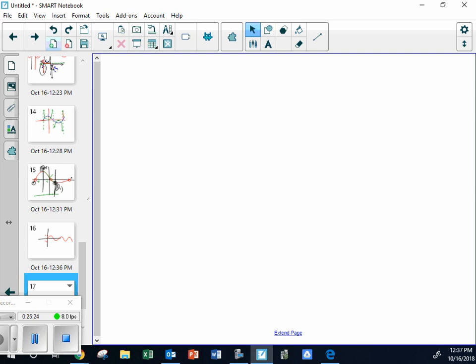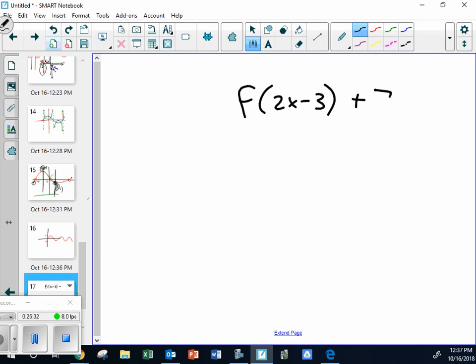Do you remember at the very beginning we had assignments where we would say, hey, we got this, and I wonder where this point on my original function would end up going if I did that to my function. Would you please figure out where 6 comma 8 would go to if I did this to its parent function?